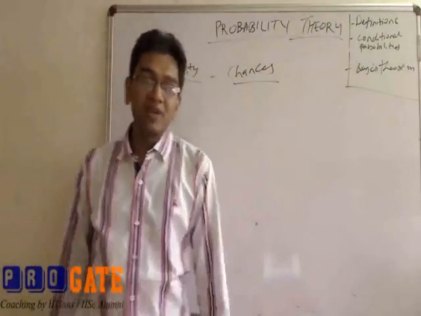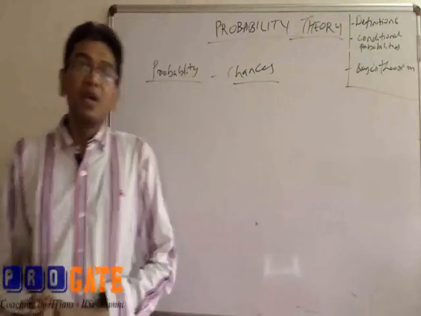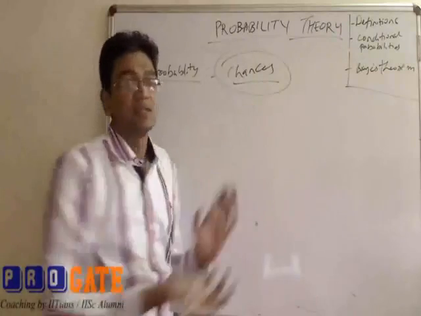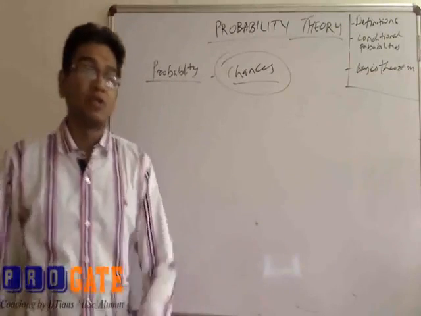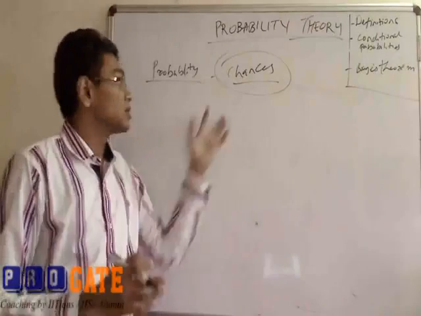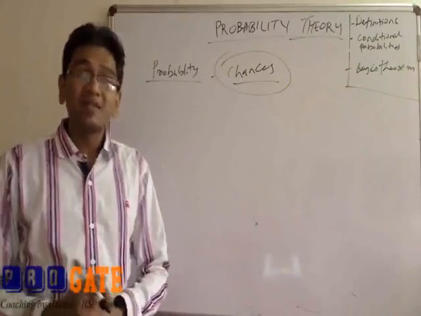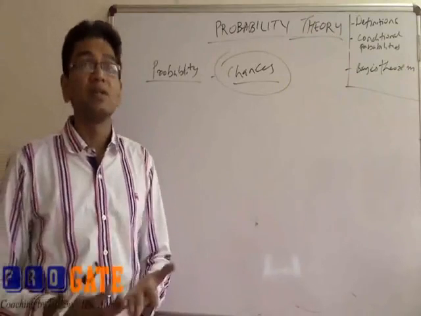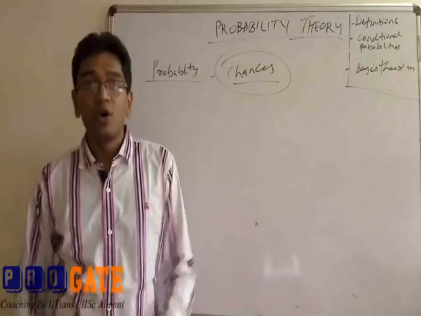So we see that in this field of mathematics, we are studying the theory of chances, which is not 100% going to be true. But we will say, oh look, the chance of this event occurring is this much. So why is this important, first of all? After all, since it is only a theory of chances, right? Probability means just chances. So we are never going to be sure of anything.